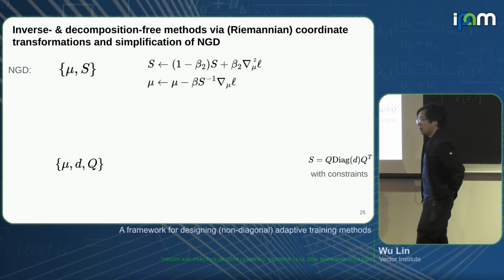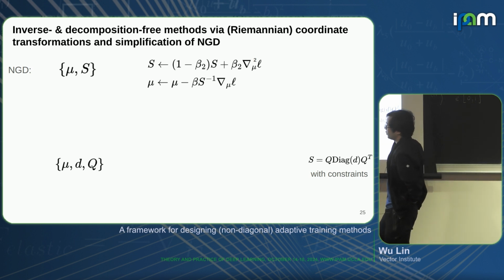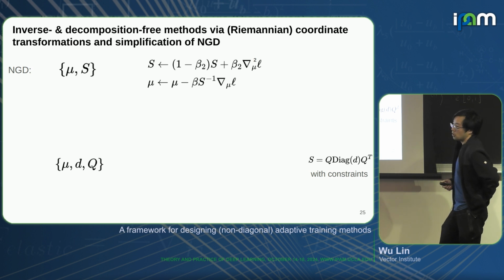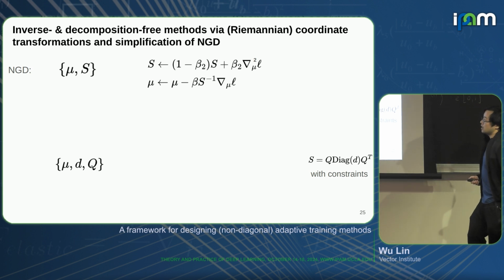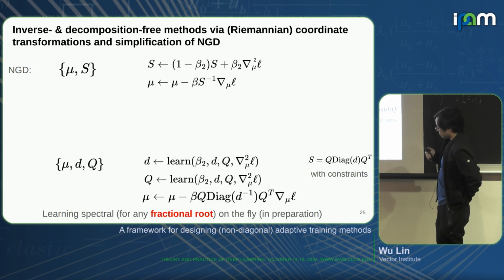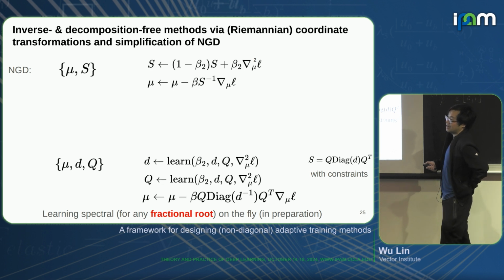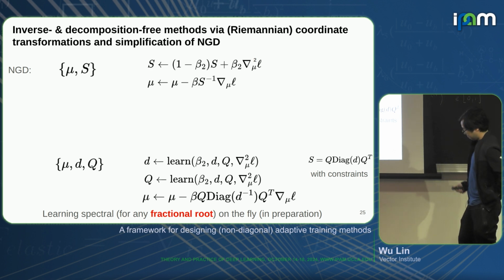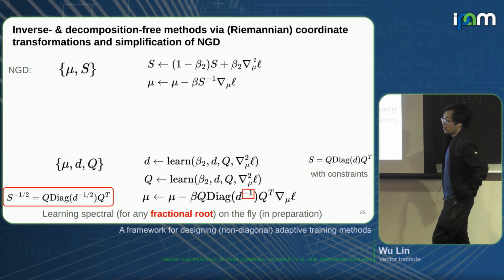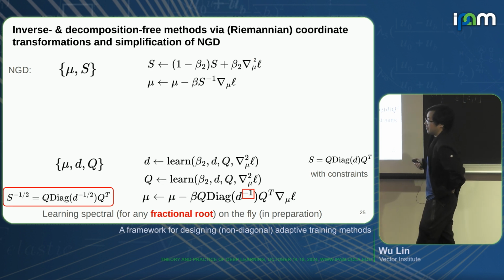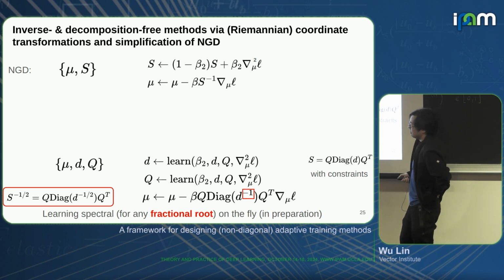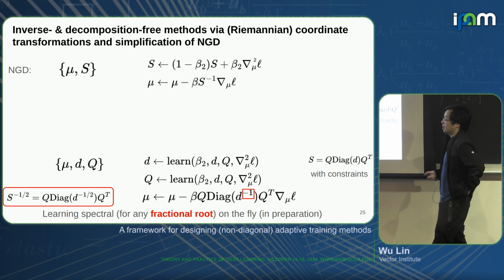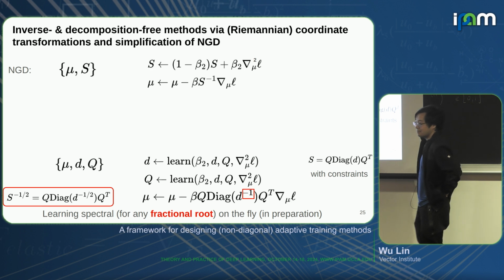Consider spectral parameterization or factorization. Here Q is an orthogonal matrix, and D is a vector with positive entries. We're going to perform natural descent in this new coordinate system. And because we're using a spectral factorization, we can turn the matrix fractional root into an element-wise root.